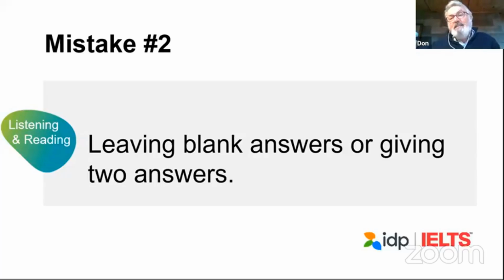If you have to guess a word or a number, guess it, because there are no penalties for getting the wrong answer, but the penalty for not answering is clear. You will not get a score. The other thing that some people do is they think, well, it could be A or it could be B. I'm not sure.